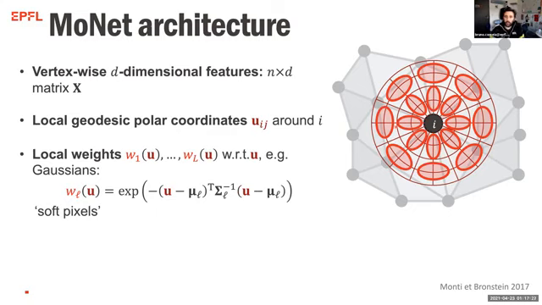And then, one of the biggest innovations here, the innovation was that we applied it to proteins, but it had already been applied to other things by our dear colleague, Michael Bronstein. Basically, this data structure refers to how you can set local weights for each one of these Gaussians, which Michael likes to call soft pixels. You give a learnable weight to each one of these areas of your patch, and then you work from there.